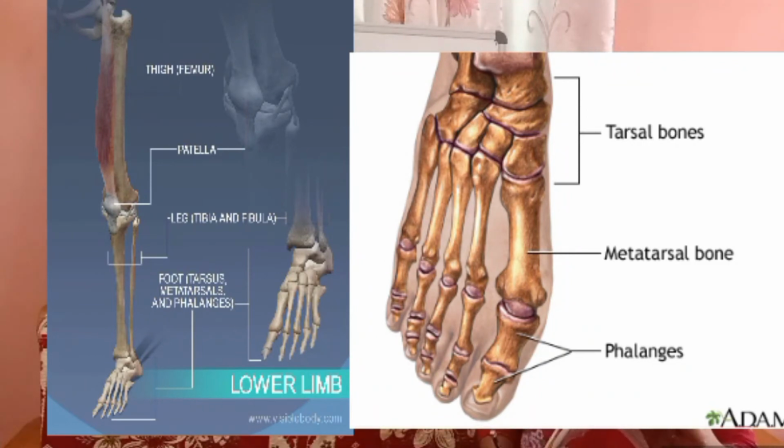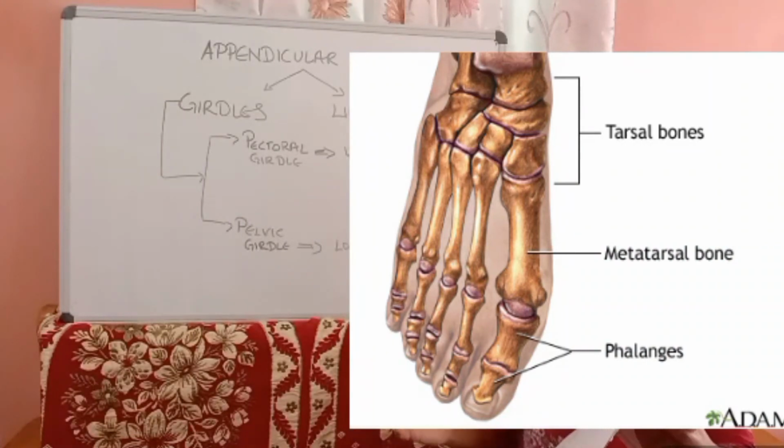And the lower end joins one of your tarsals, forming the ankle joint. Just as your wrist had carpals, here the ankles are made up of bones known as tarsals. So it is joined with your tarsals, forming the ankle joint.